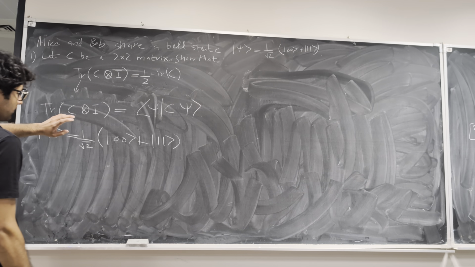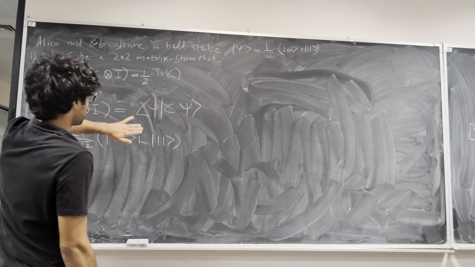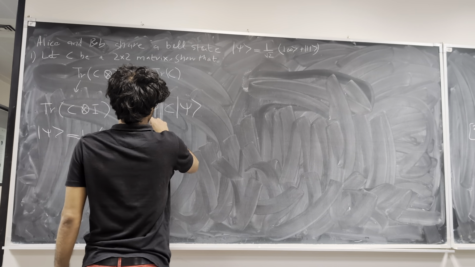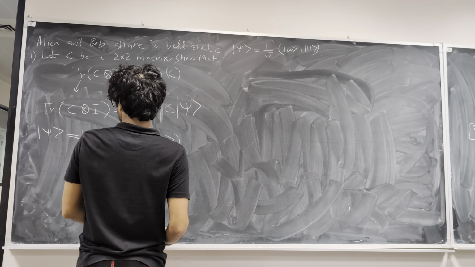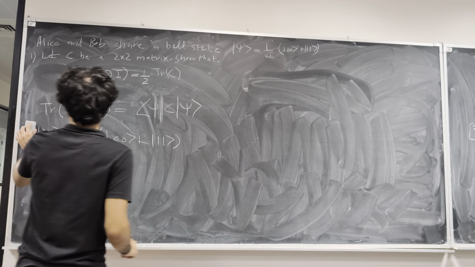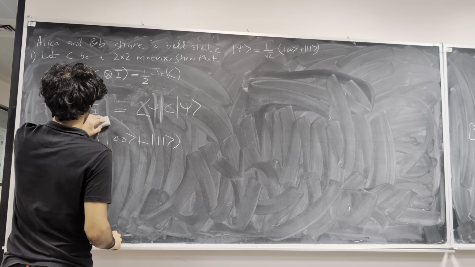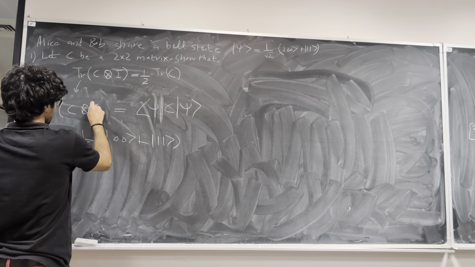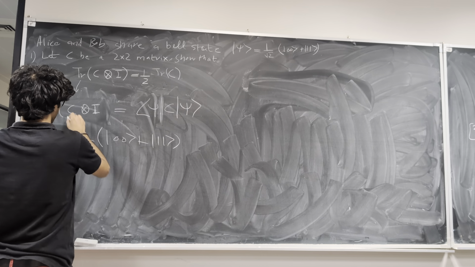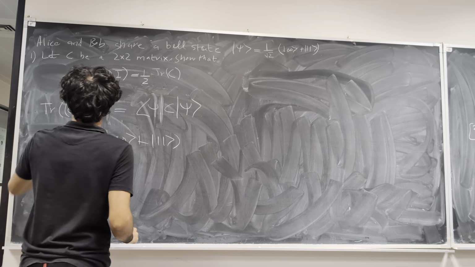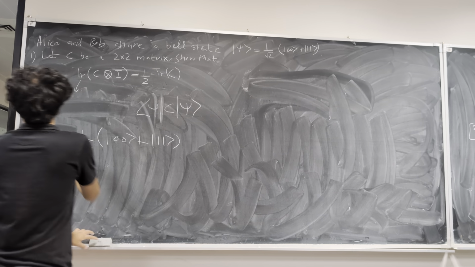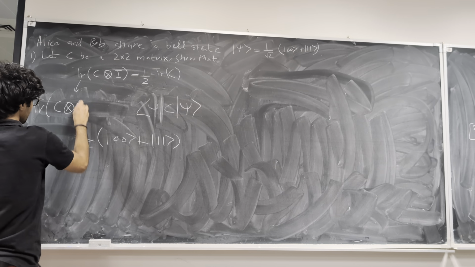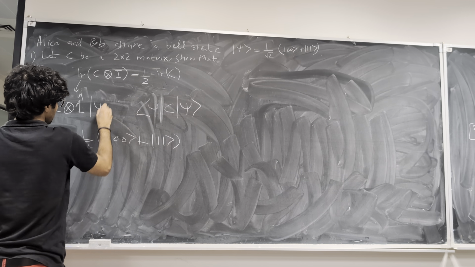Now I have the trace of C cross identity onto psi psi.